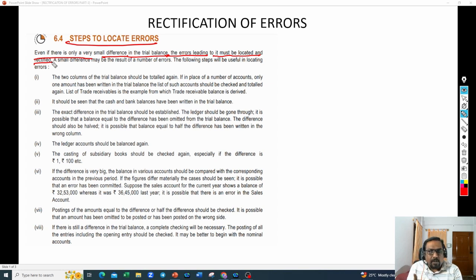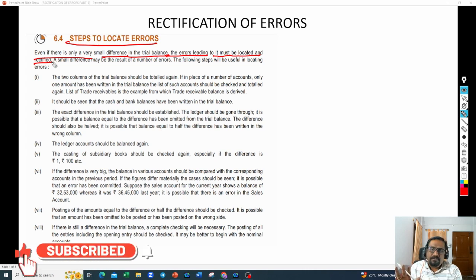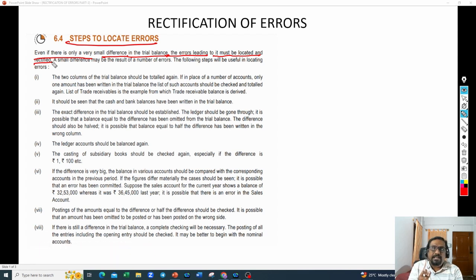The difference can be 1 rupee or 1 crore, whatever the amount. You should not think about the amount. As and when you see there is a difference, you need to start locating where that error happened, how to identify that error, and how to rectify that error. That is our responsibility.